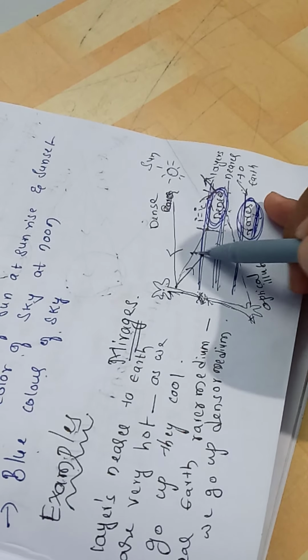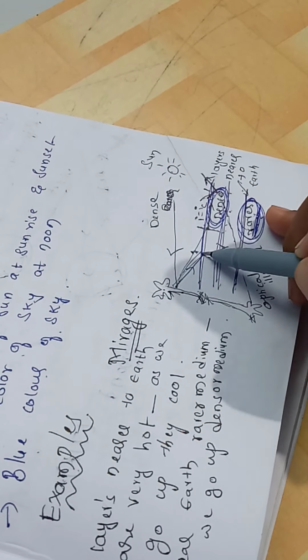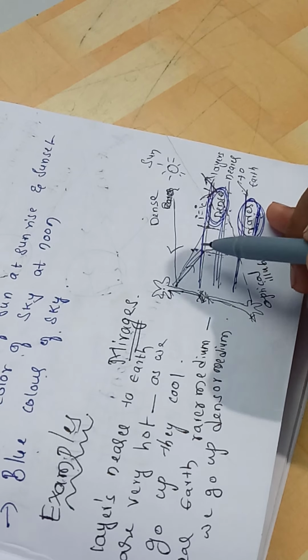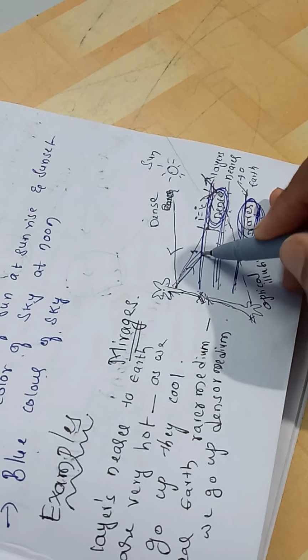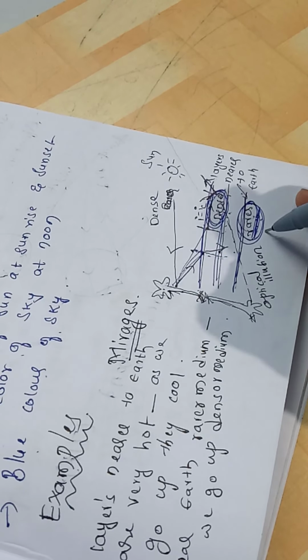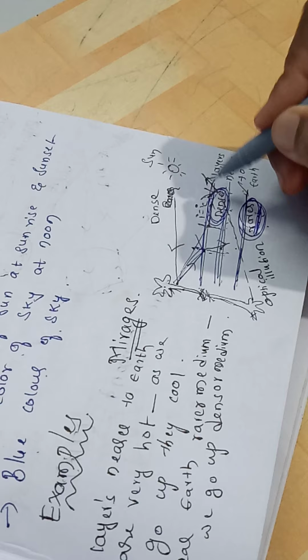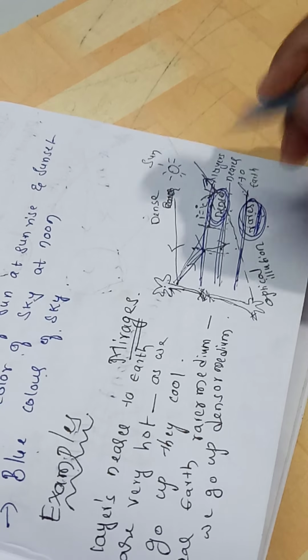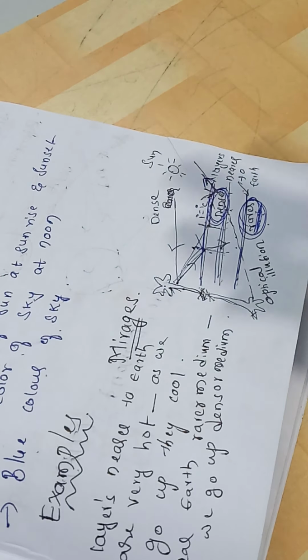So now at one particular ray whose angle of incidence is greater than the critical angle, without entering into the rarer medium, from here only it starts reflecting. The same total internal reflection process.